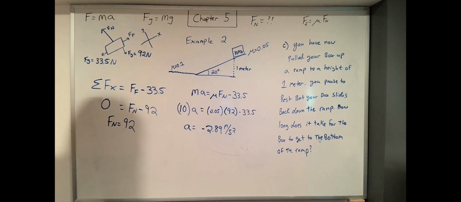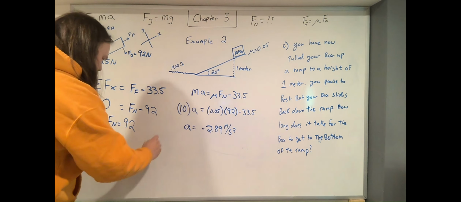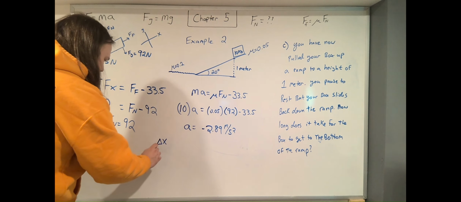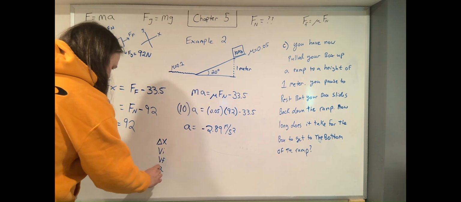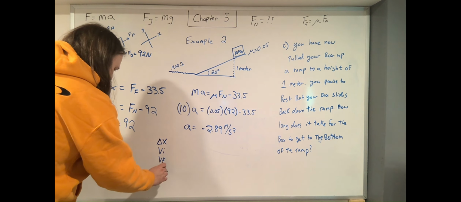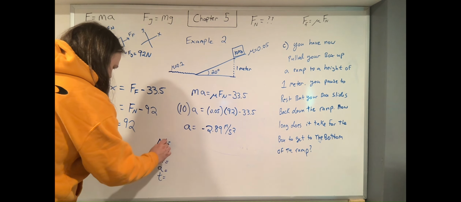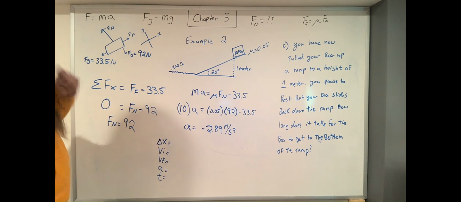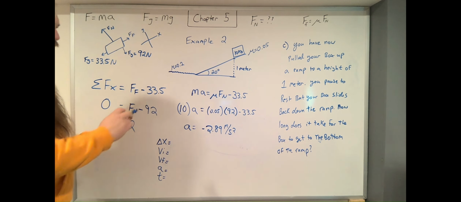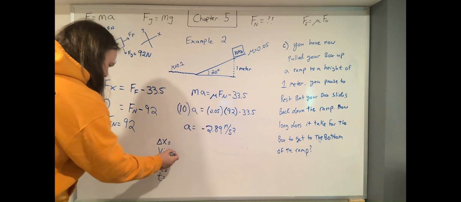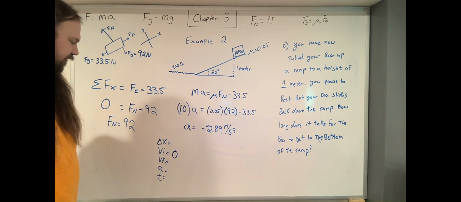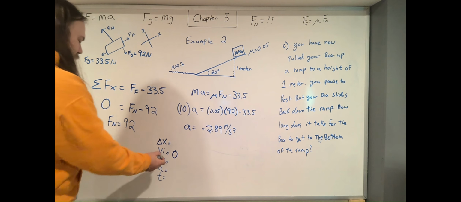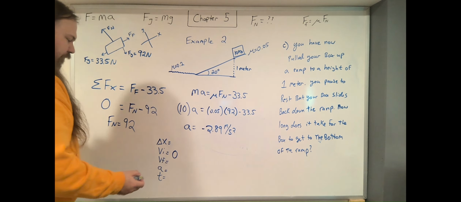Now we can take that and we can run it into our kinematics. You were pulling up your box, you stopped to rest, which means you stopped the box. Initial velocity was 0. Final velocity, we don't know.